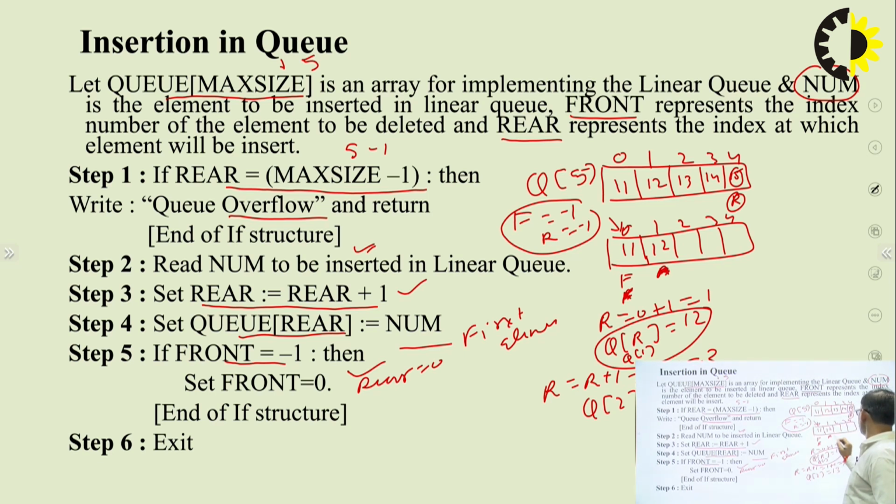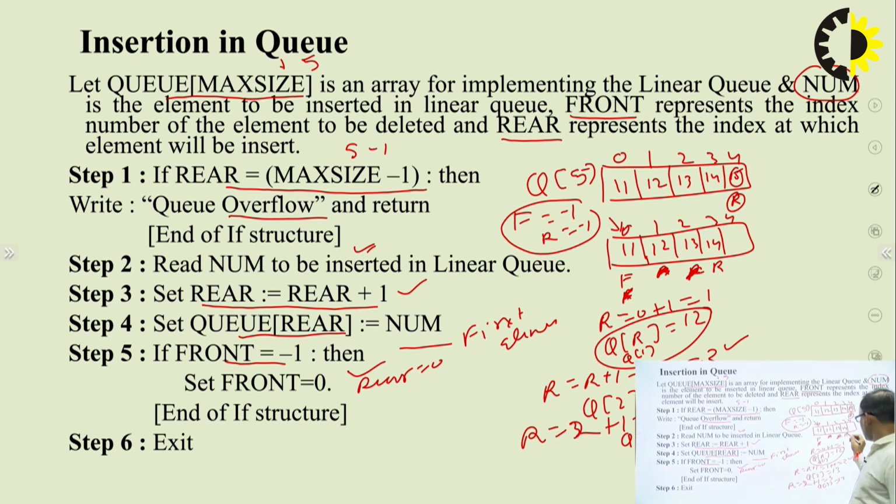After this, when we insert the fourth element, again rear is equal to rear plus 1, 2 plus 1, that is equal to 3. So at queue of 3 the new element will be inserted, suppose 14. So rear becomes 3 and we insert 14 here.